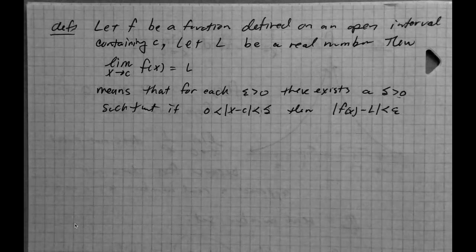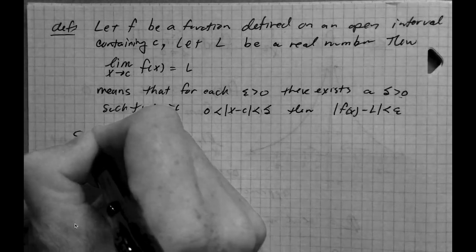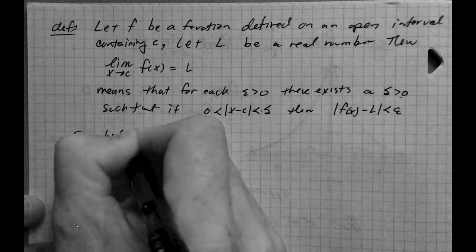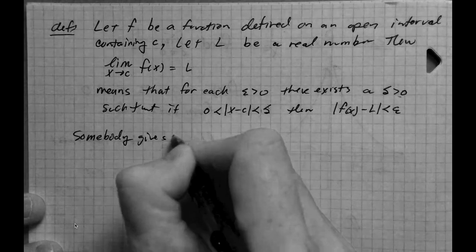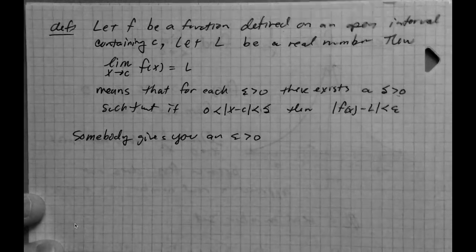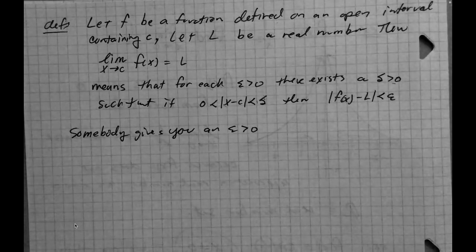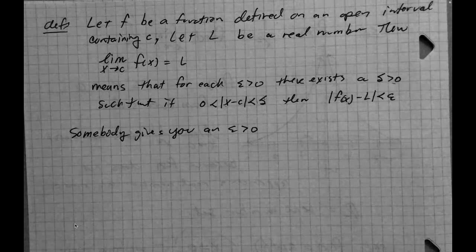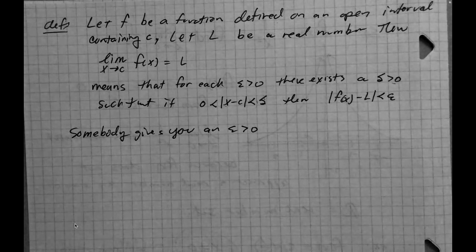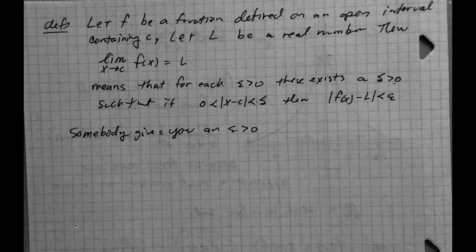Okay, so the way this usually works, and this is loose speaking, is that somebody hands you an epsilon greater than 0, and says, all right, I want you to find a delta such that I'm within 0.000001 of the limit, right?